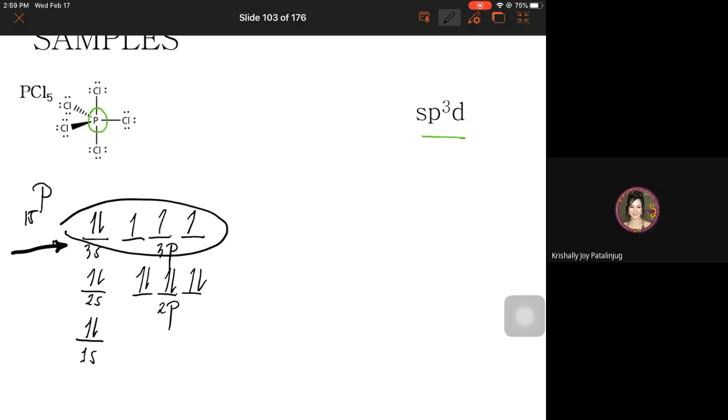But as you can see, it has only three half-filled 3p orbitals. Therefore, it cannot form 5 covalent bonds in the molecule of phosphorus pentachloride. So mixing will happen again.